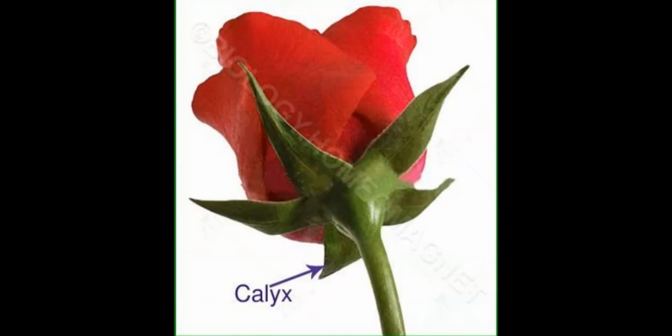This much information for calyx. Calyx, unit sepal. It is the outermost wall of the flower. Small green leaf-like structures protect the flower in the bud stage. If sepals are free from each other, we call polysepalous. If sepals are fused to each other, we call gamosepalous.